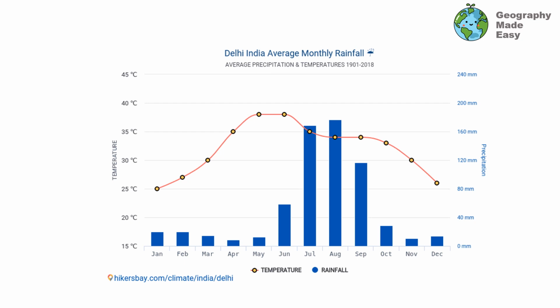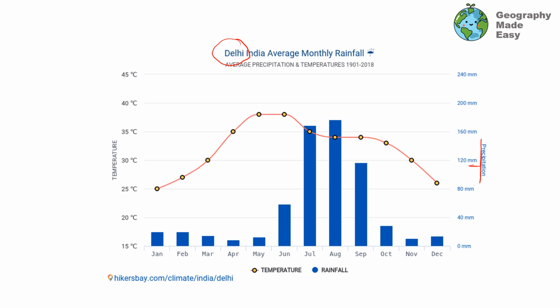So we have the average monthly rainfall and temperature for the station Delhi. As we can see, the rainfall is measured in millimeters. Precipitation is written, it is measured in millimeters and it is plotted as bar diagrams.